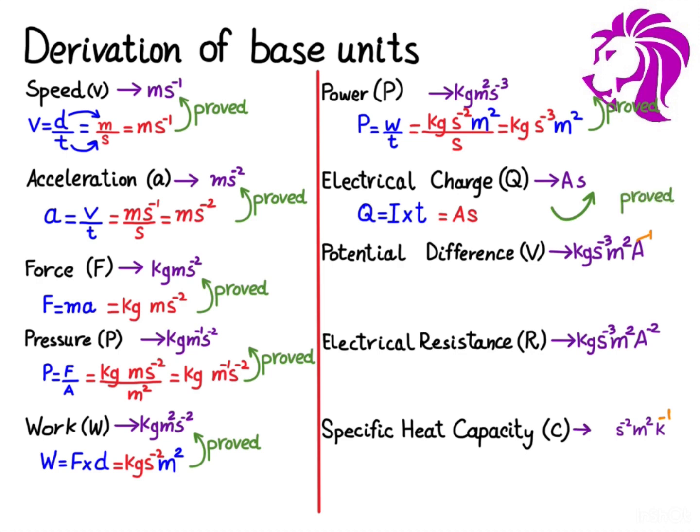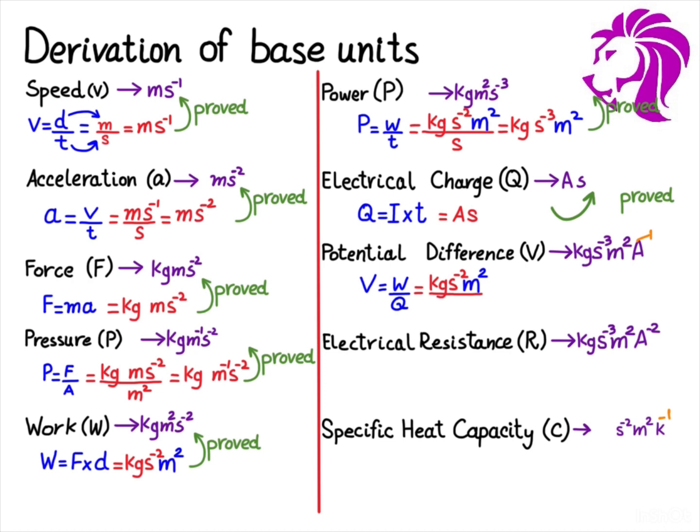Then potential difference, it's what? Potential difference is work done per unit charge. And now what is work done? We have already found its unit, it's kg m^2 s^-2.